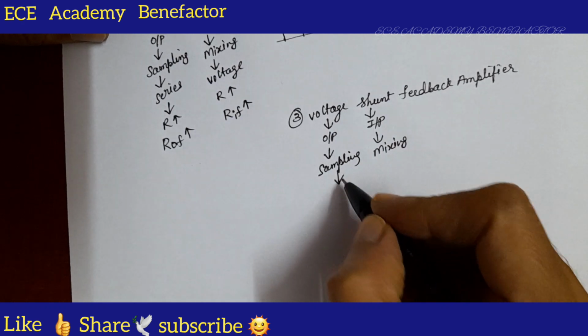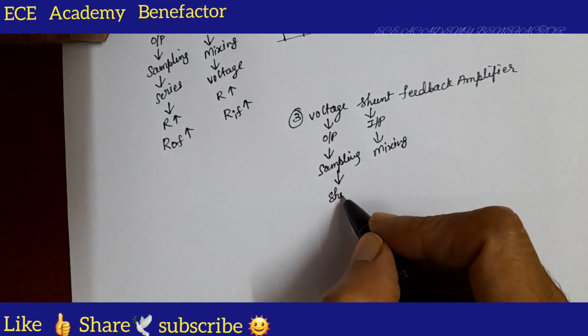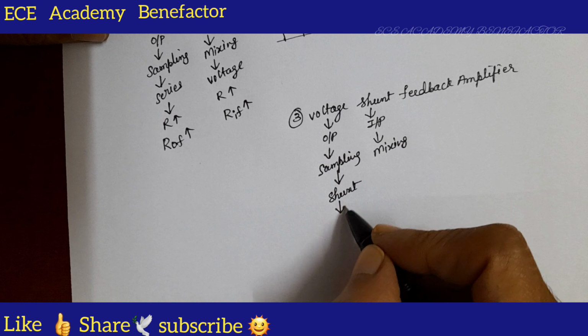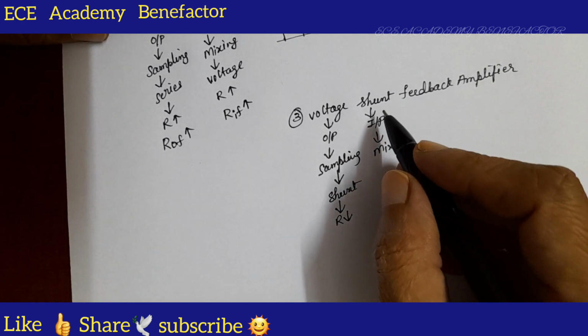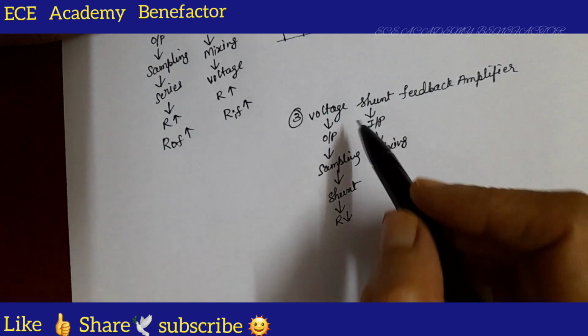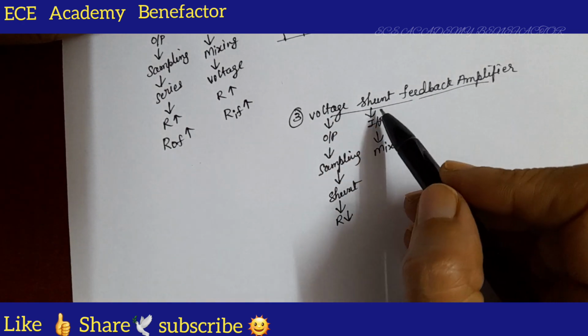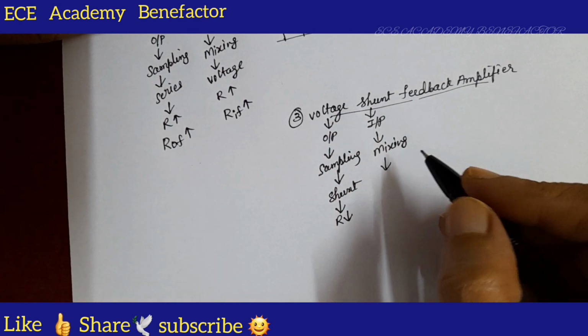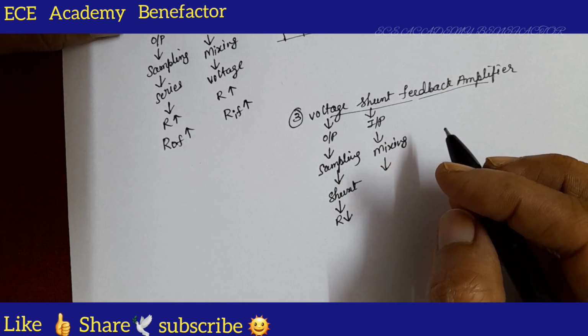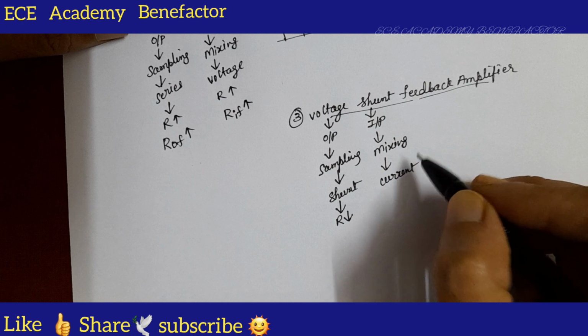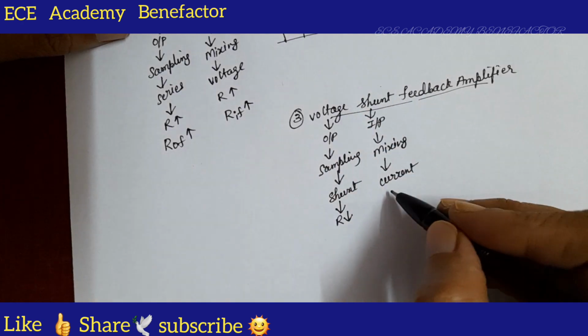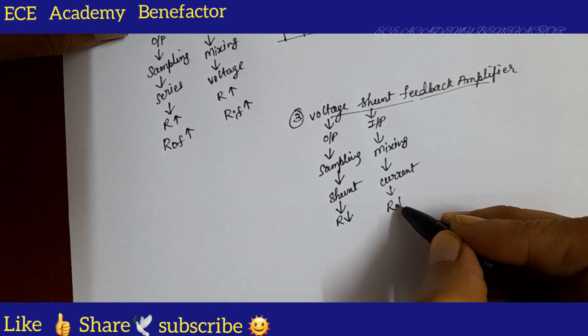If voltage is sampled, what are the connections? Shunt connections. If shunt connections are there, the resistance will reduce. For the input, the second word is shunt. For shunt mixing, what is the source to be placed? Current.